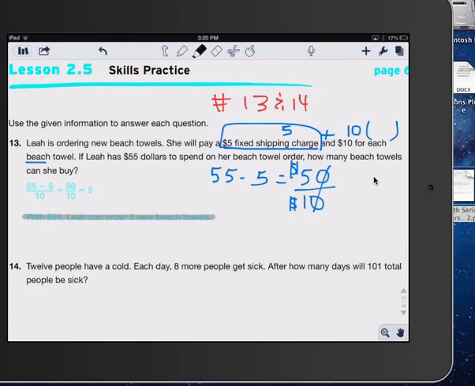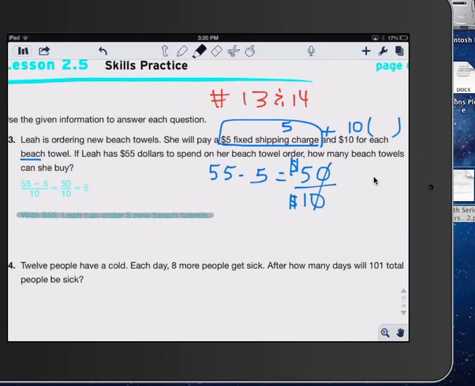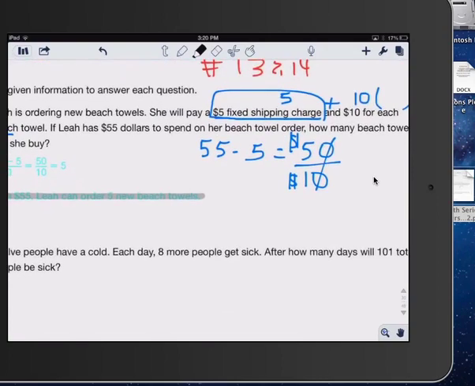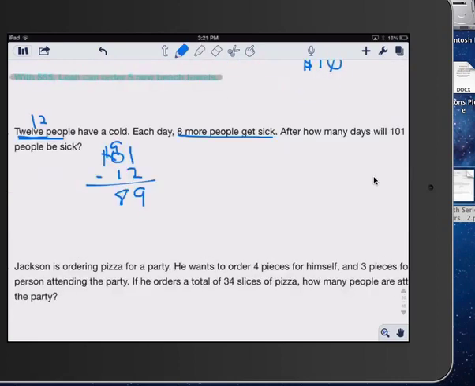That gives you 89. Double check, add it back. That makes 101. Okay, so you got 89 people. Let's see how many days it takes.